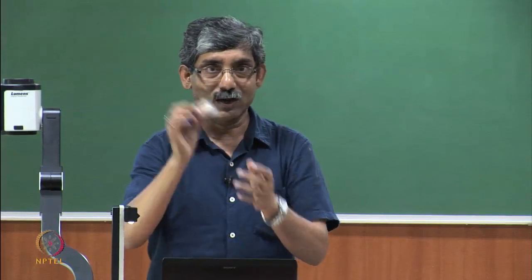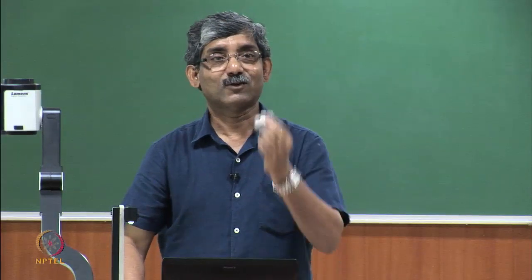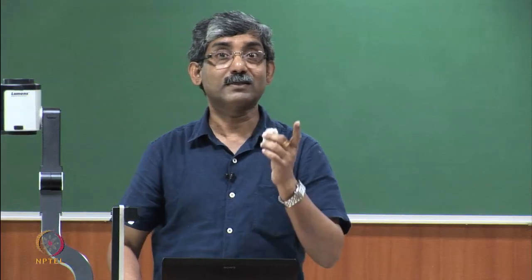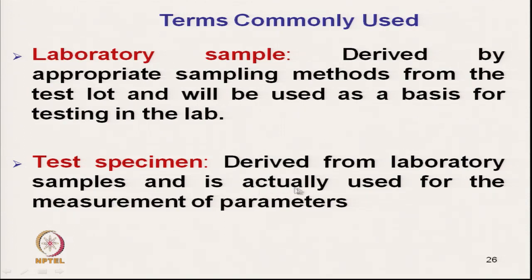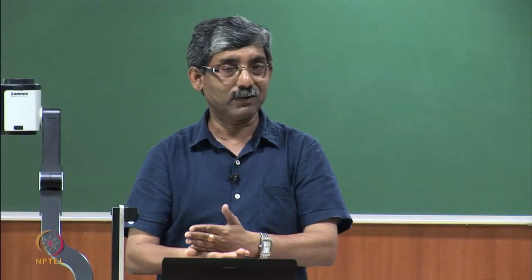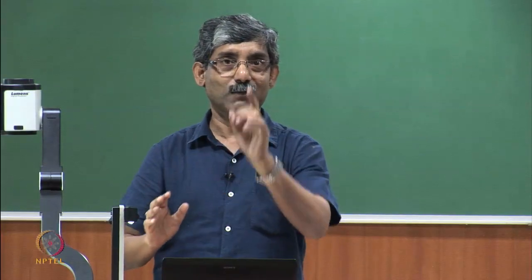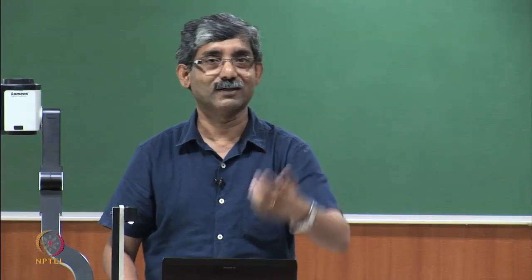This is called the test specimen, which is derived from the laboratory sample and is actually used for the measurement of the parameter. So, consignment, then test lot, then laboratory sample and the test specimen. For testing one must know these terms, to avoid any confusion.